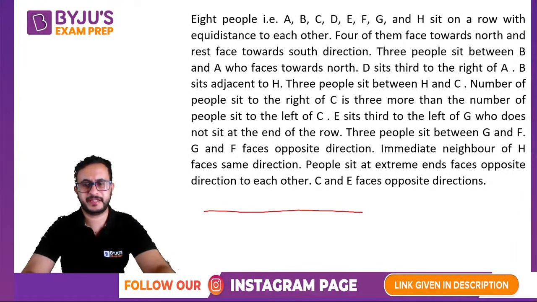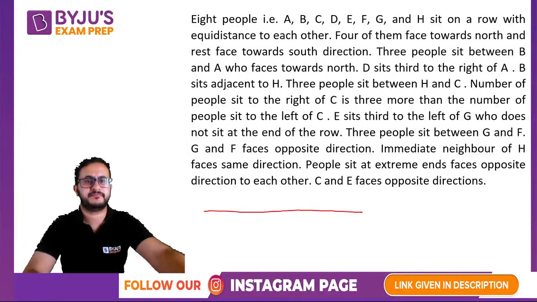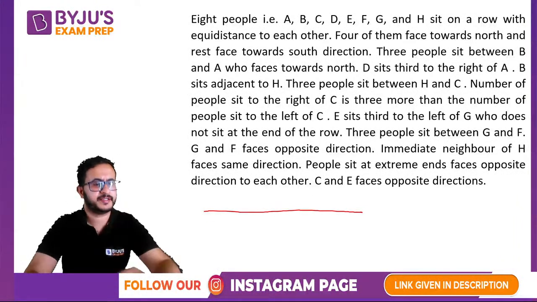If you start with A and D, you will get too many cases. Three people between B and A. Again, a good way to start, but the thing is, we will not be able to get this thing.